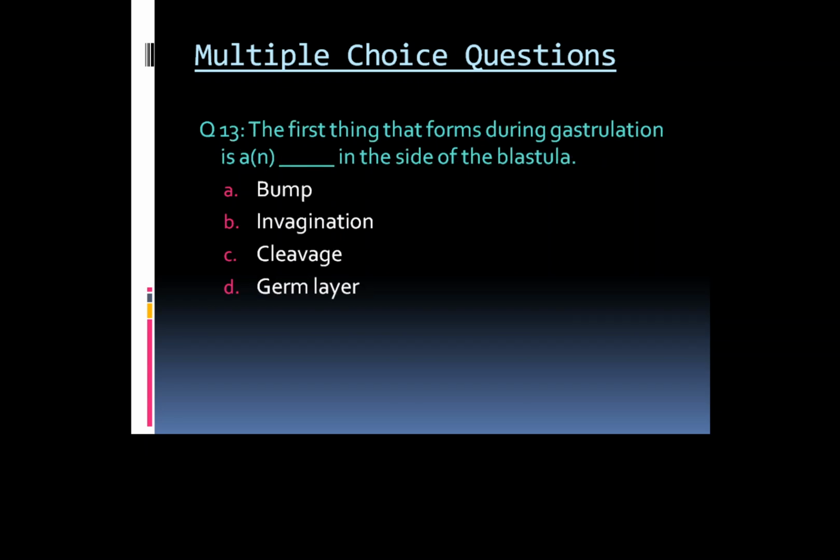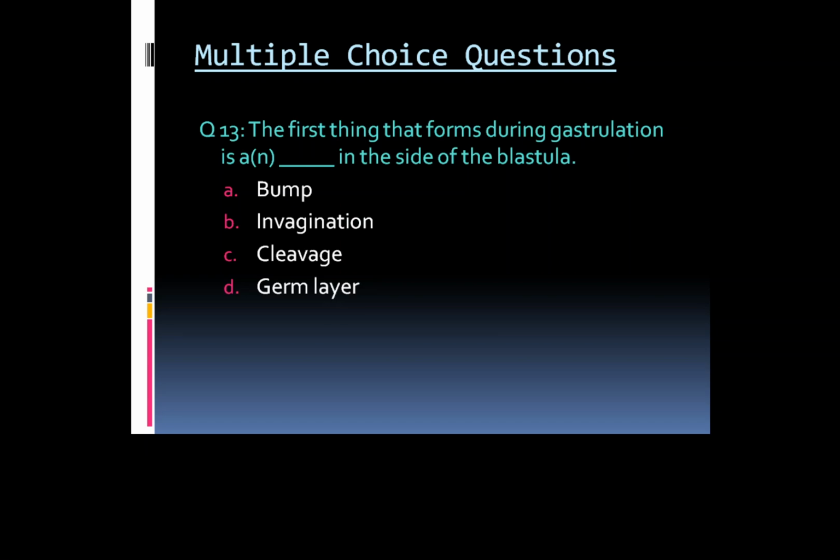Question 13. The first thing that forms during gastrulation is blank in the side of the blastula. Option A, bump. Option B, invagination. Option C, cleavage.